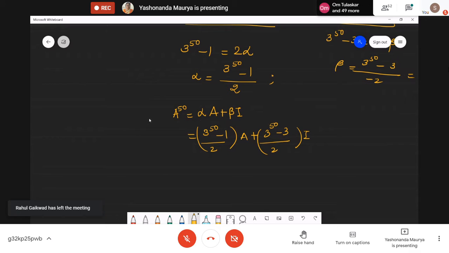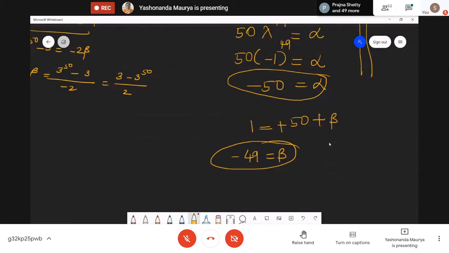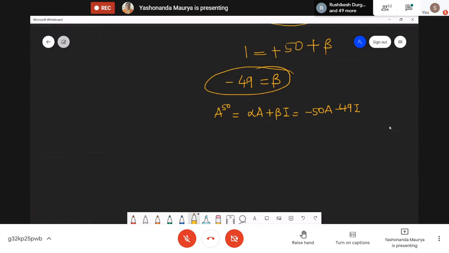If the numbers are very big, you may leave the expression like this. Otherwise, we are expected to solve also. For example, in this case, A raised to 50 is equal to alpha A plus beta I. The alpha value is minus 50 times A minus 49 I. Here the numbers are pretty small ones, so the answer that is expected will be the complete matrix.